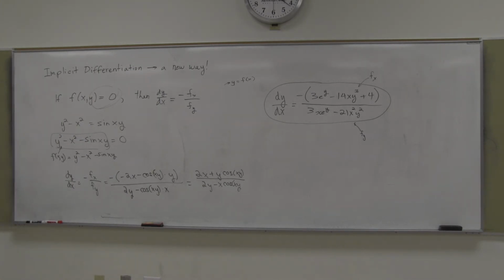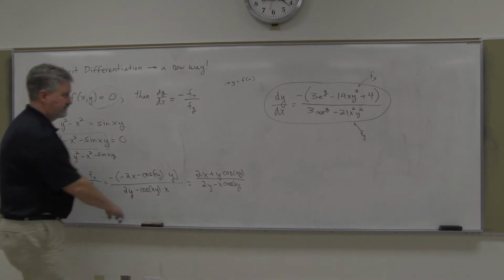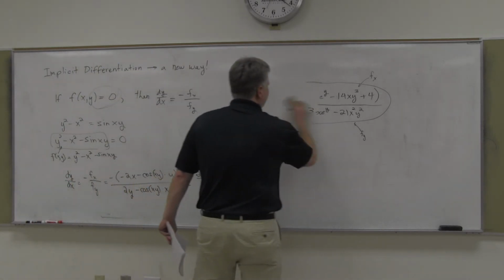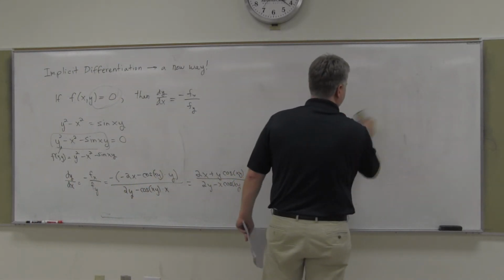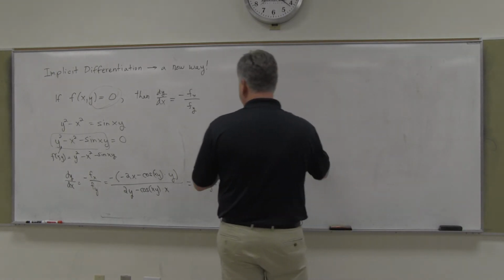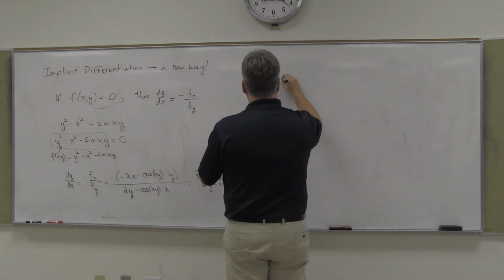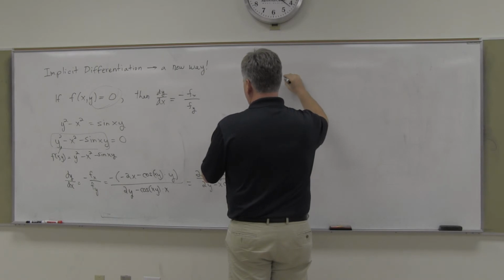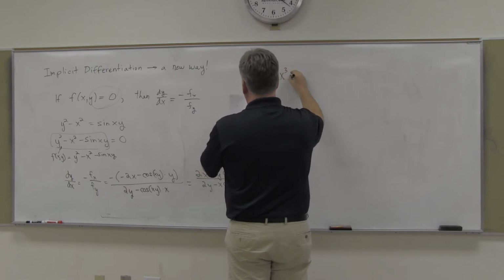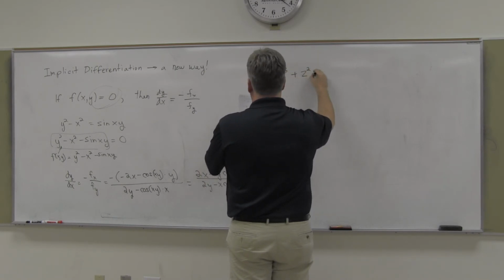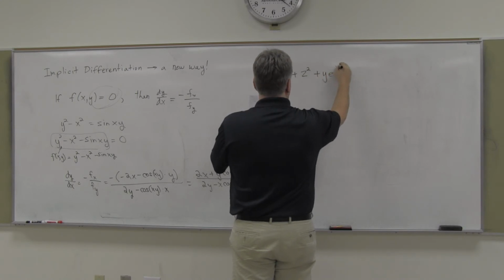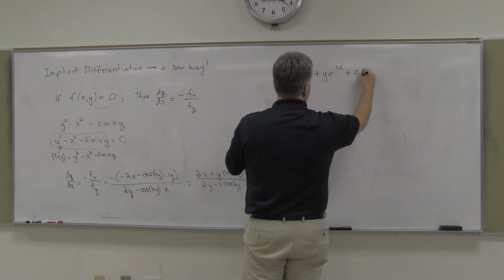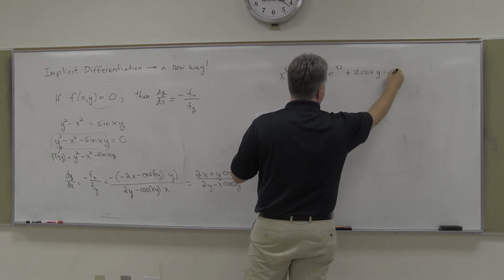One last thing, that is, it can be extended to 3 variables. All right, so let's say we've got x cubed plus z squared plus y e to the xz plus z cosine xy equals 0.